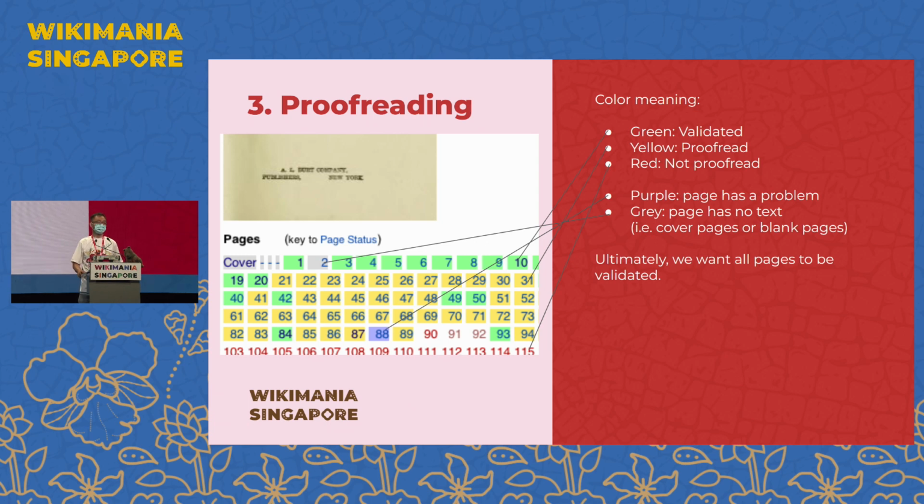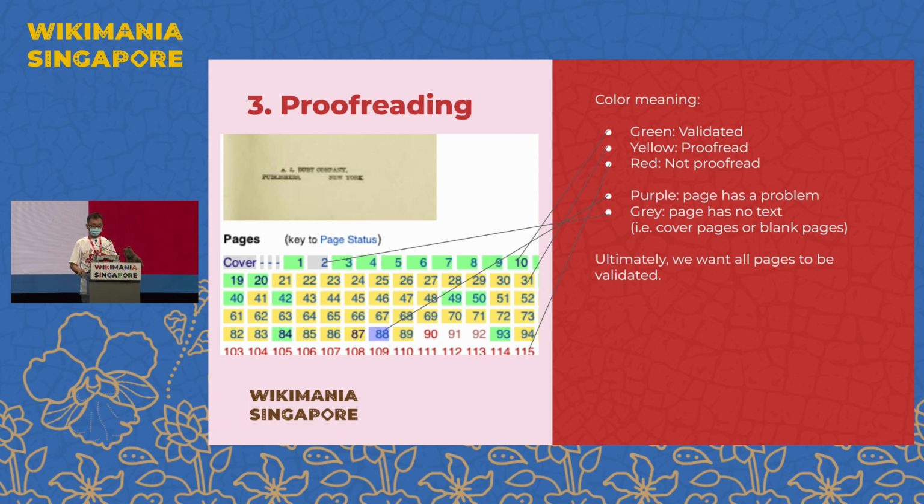Yellow pages are one level below green. It means the page has been proofread, while red pages mean it hasn't been proofread or it hasn't been created yet. So green, yellow, and red, those are the three main colors.